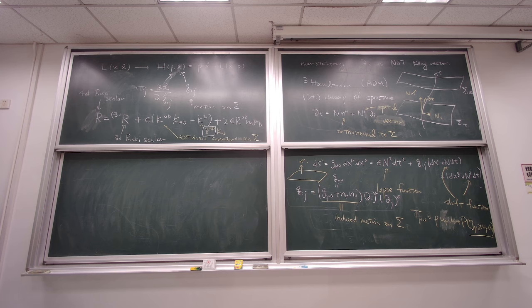So then one can find just a canonical conjugate variable for Q, which is pi ij as follows.